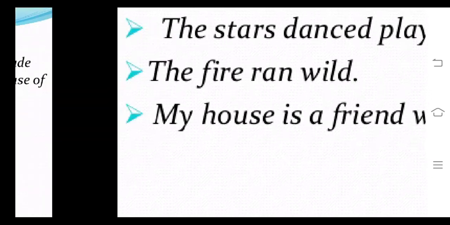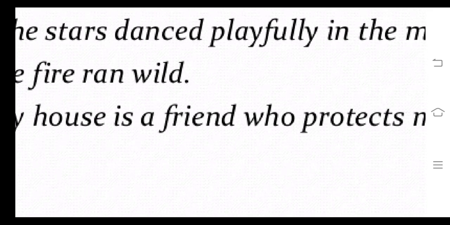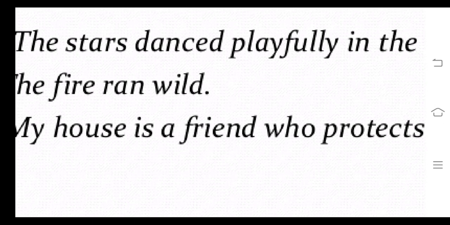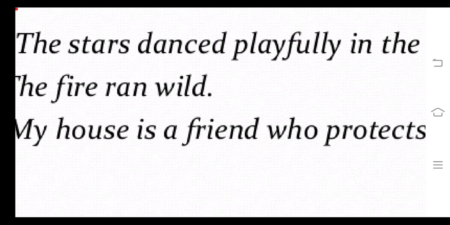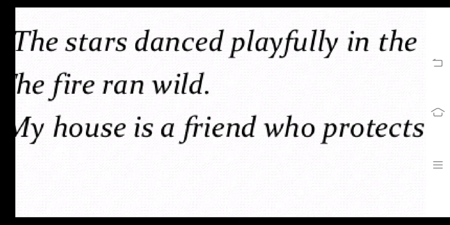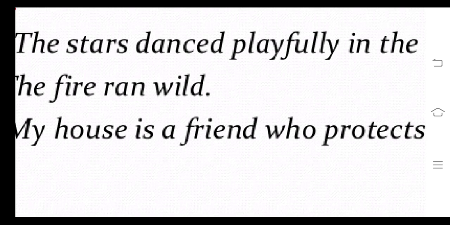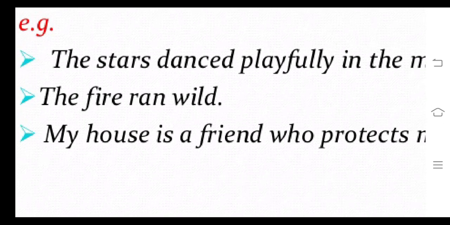Next example, my house is a friend who protects me. Obviously a home is a safe place for us, but friend is a human quality. We can trust a human being for some time. But we are giving a quality of a human being to the non-living thing, that is the house. Okay, is it clear to you?